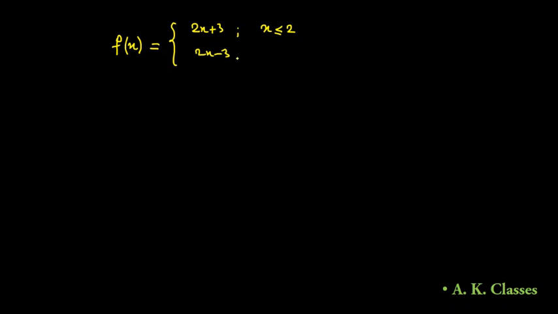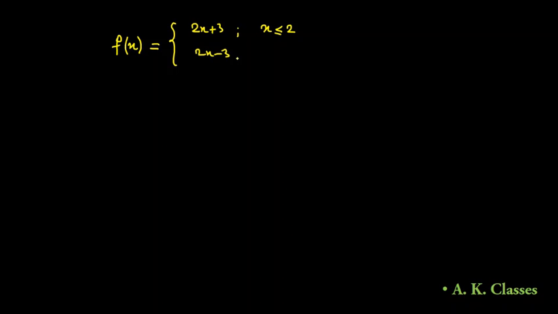Similarly right hand limit, x tends to 3 positive means for this the function is 6x plus 2. We just need to write 3 plus h in place of x, it will be 18 plus 2, 20.